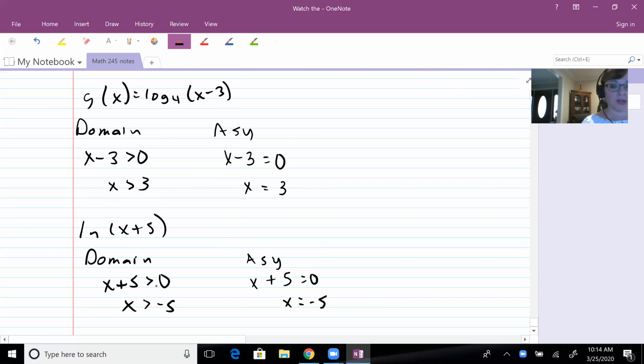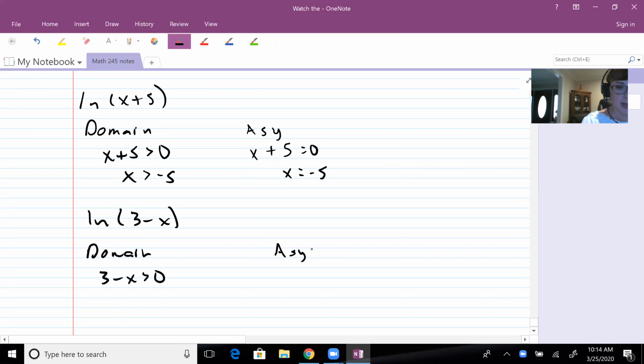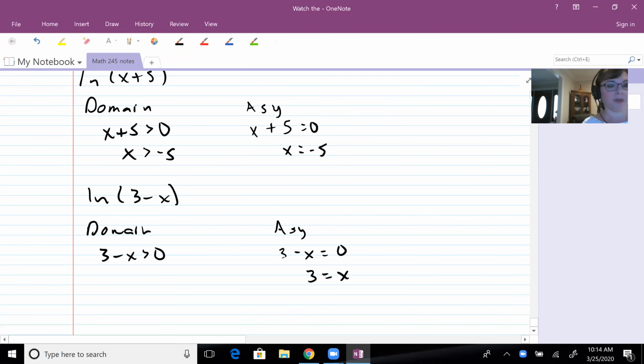Now there's really one that you have to be very conscientious of, and that's one where we have a negative x. So let's say our equation was the natural log of 3 minus x. The domain starts off the same, and so does the asymptote. But we've got to spend a little bit more time with the domain.